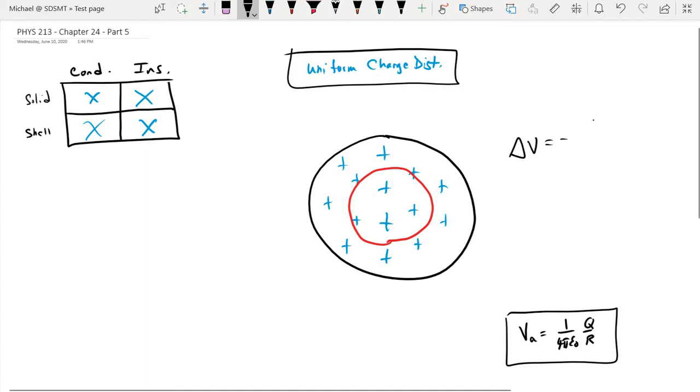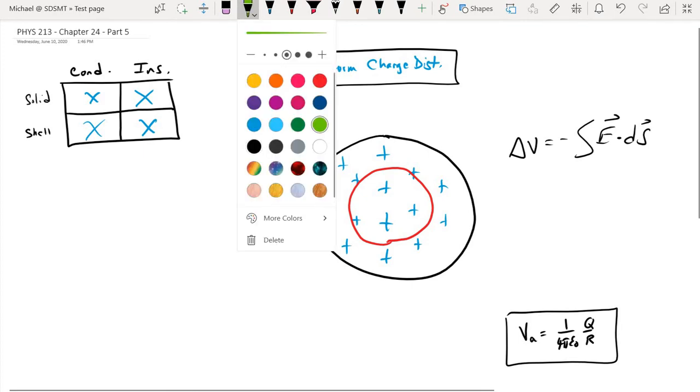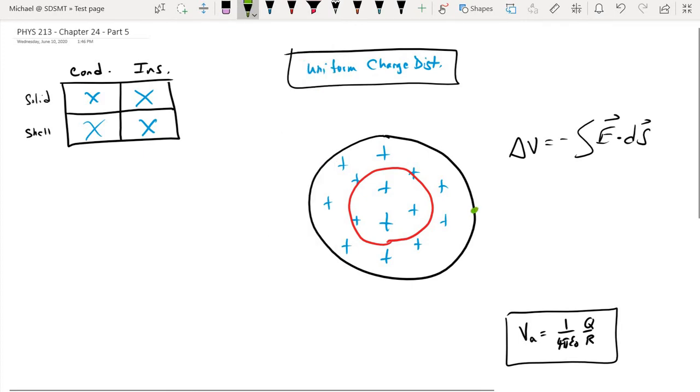And so that means that we can have a changing electric potential as we move from the surface of the sphere to this point inside.